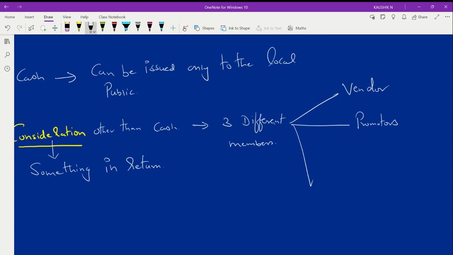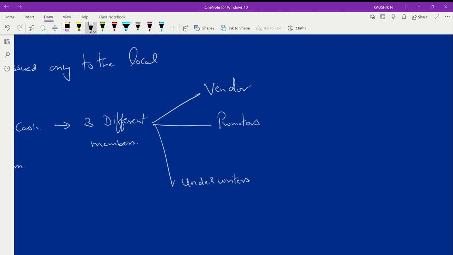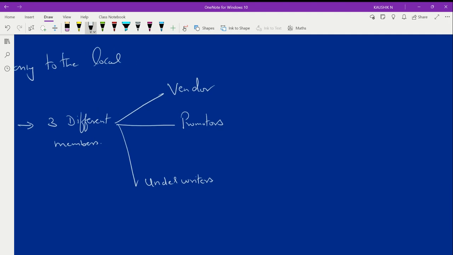And the third person to whom you can issue is underwriters. So these are the three important members whom you can see in this topic of consideration other than cash. Apart from these three, no one is eligible to get the shares on a consideration basis other than cash. Now, let's go one by one.